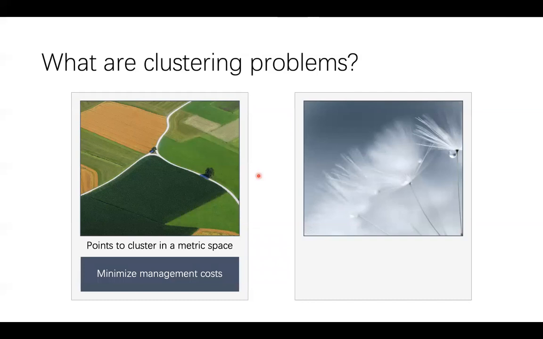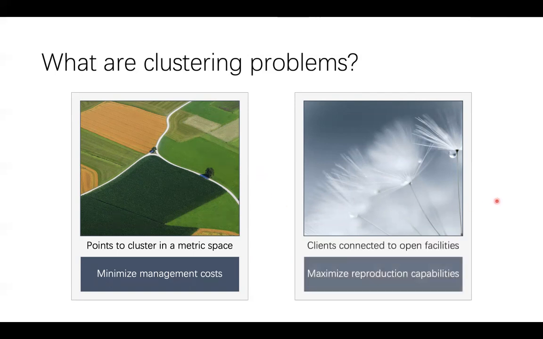And for this kind of problems, for each cluster, there are no designated centers. And for the second kind, called centroid-based clustering problems, we consider these points to be clients that are connected to the facilities, which can provide service to these clients.